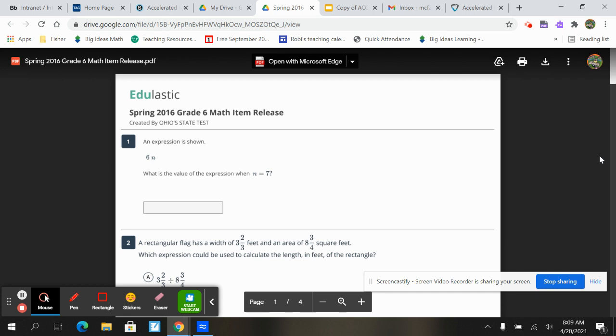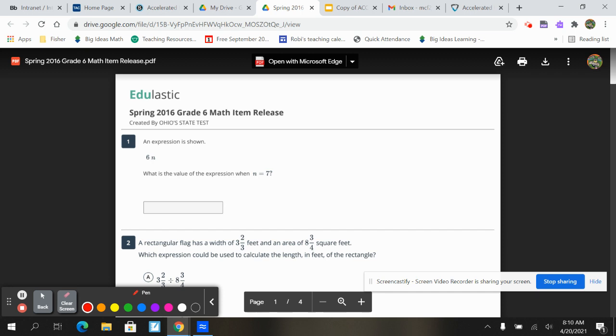2016. These are the exact same questions that the kids took in 2016 that were on the AIR test. Okay. So, number one, an expression is shown, 6n. That's from chapter 1, right? What is the value of the expression when n is equal to 7?